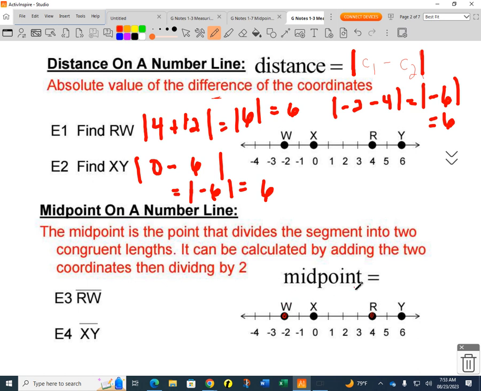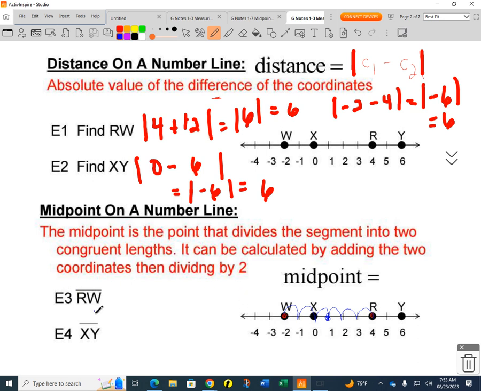So if there's 6 in between them, the midpoint is 3 units in from either point, right? So if I want to find that without using a formula, I can. 1, 2, 3. 1, 2, 3. So that makes sense. So 1 is the midpoint of segment RW.